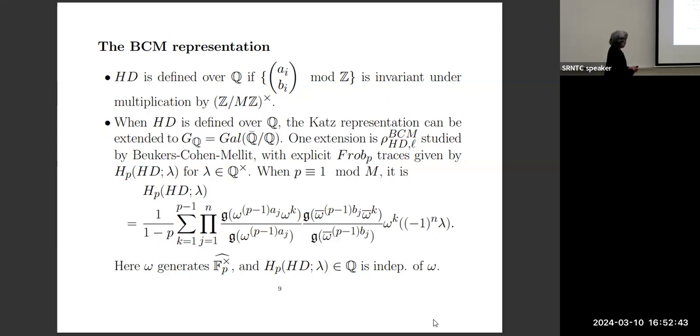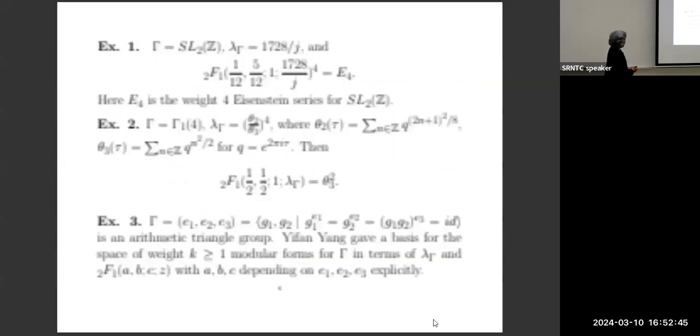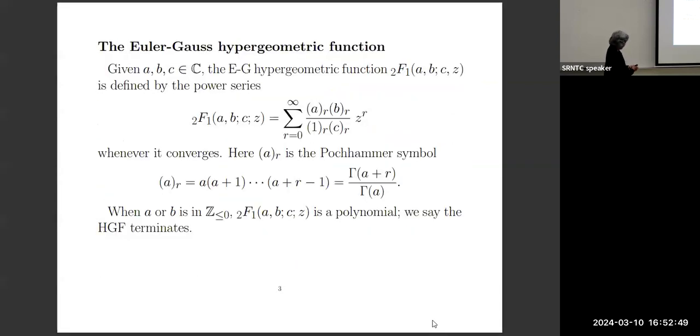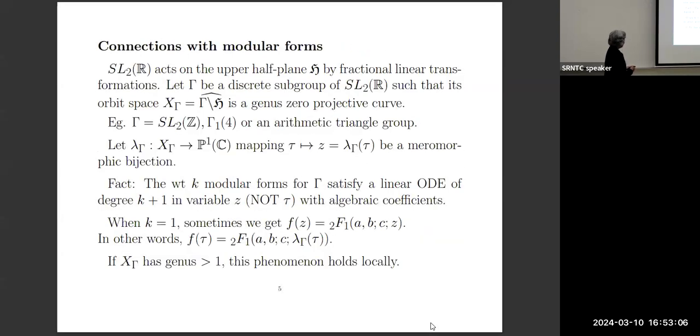Earlier, when we defined the hypergeometric functions, we used the Pochhammer notation, which is the quotient of two gamma functions. The finite field analog of the gamma function is exactly the Gauss sums.